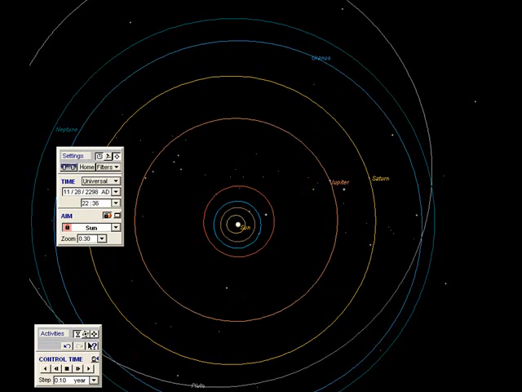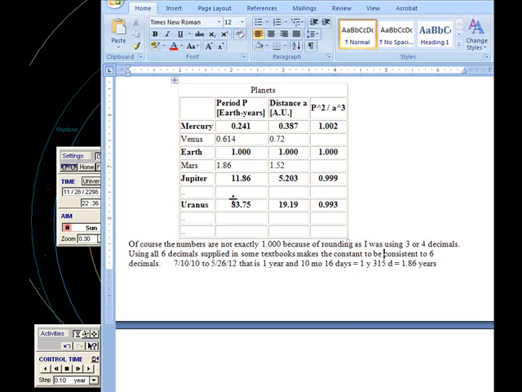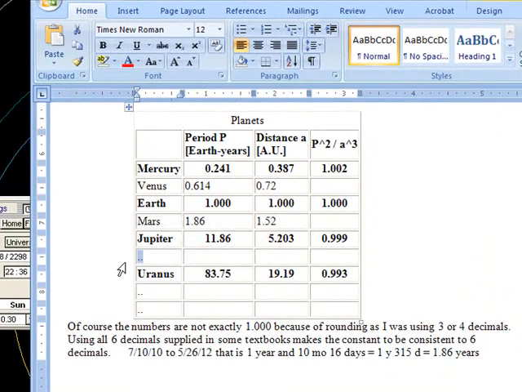Okay, back to this one here. So that would be Saturn and what did I say here? Neptune.